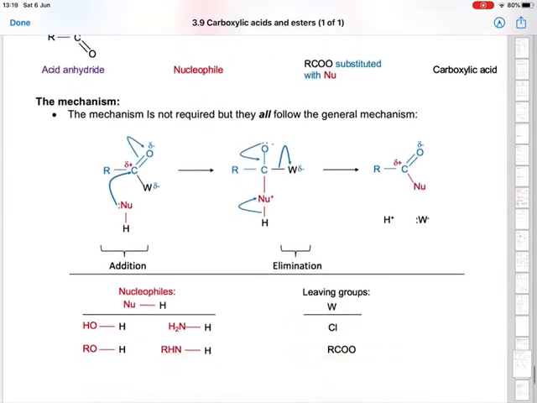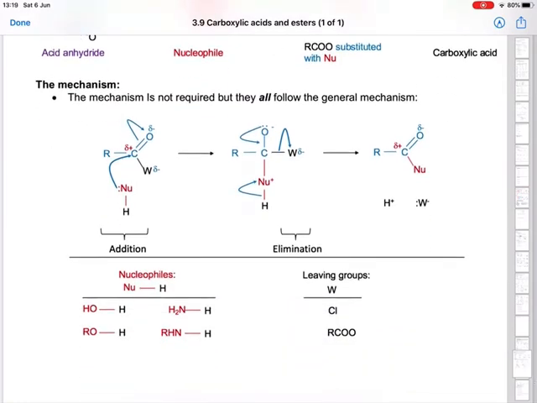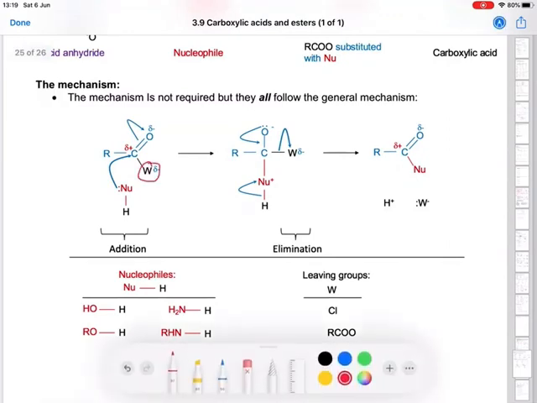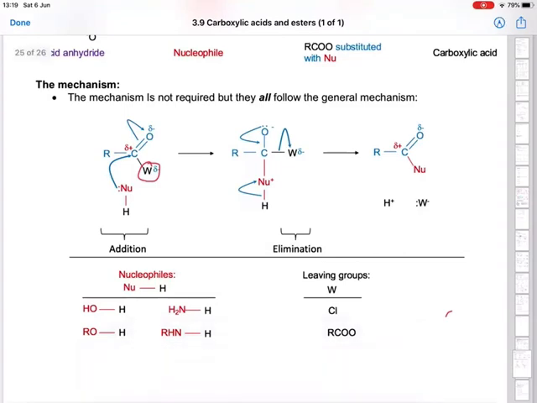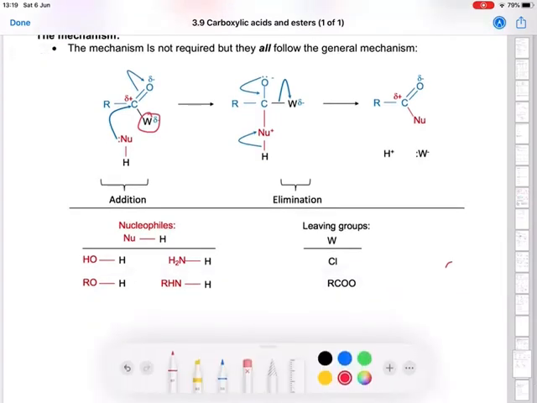So if we go back to the notes and have a look at the general mechanism here, you can see that what I've used as a leaving group is W. Now that W could be an OH, it could be an OR, but with the mechanisms that we've just been looking at, it could be a Cl or it could be an RCOO.